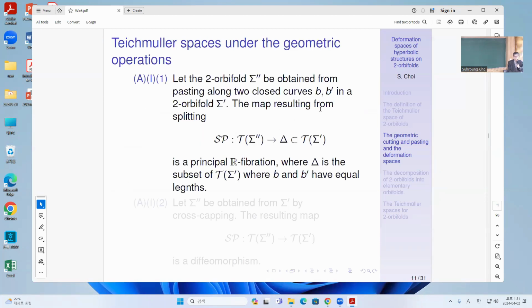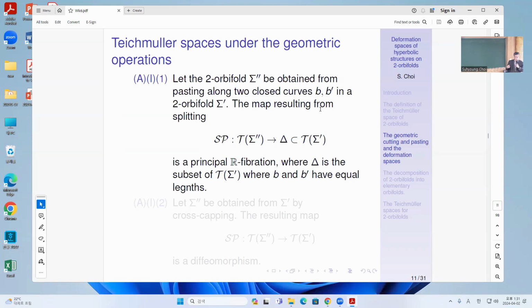Using these theorems, you can do the following. Take the two-orbifold sigma double prime obtained from pasting two cross-curve boundary curves B and B prime on sigma prime. It may have two or more components.